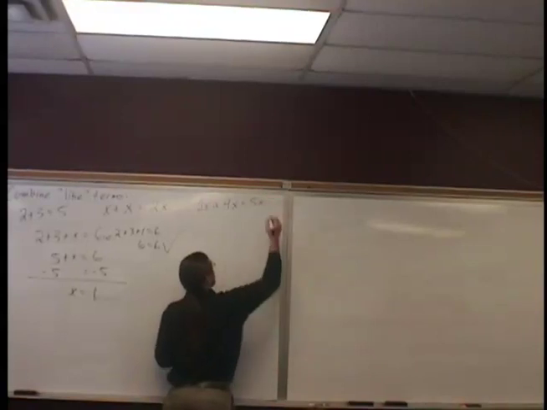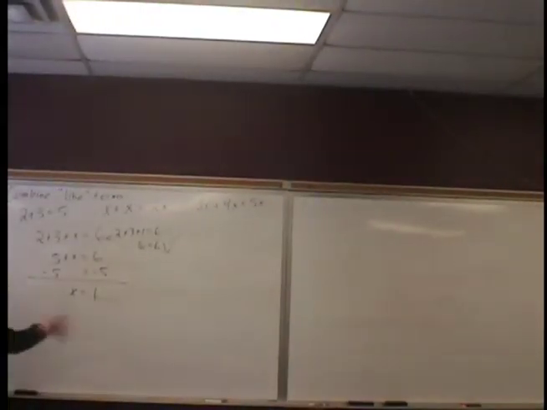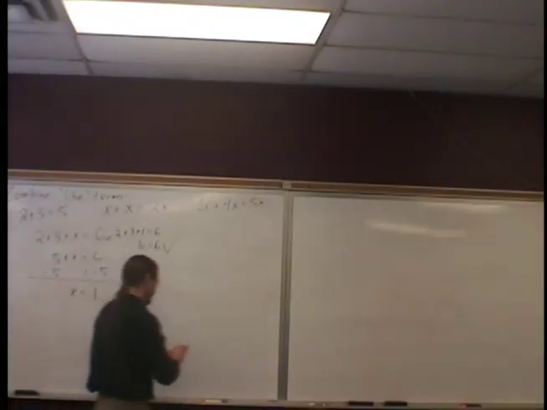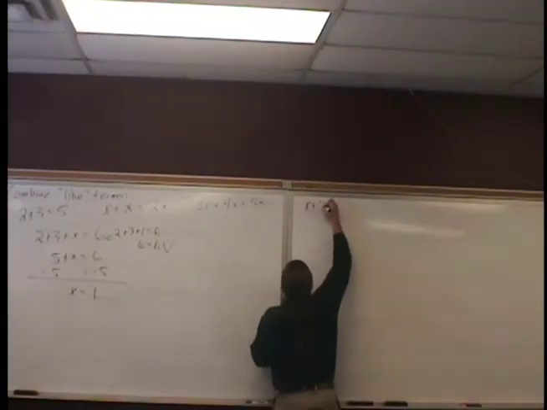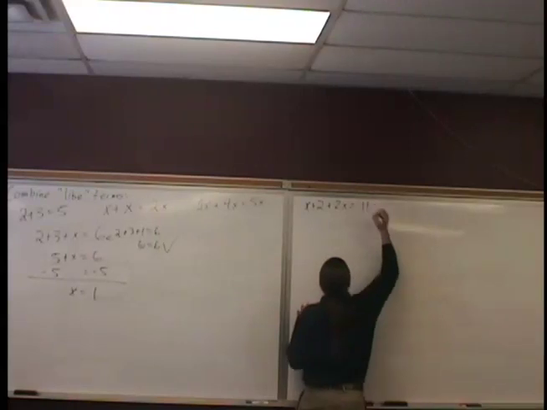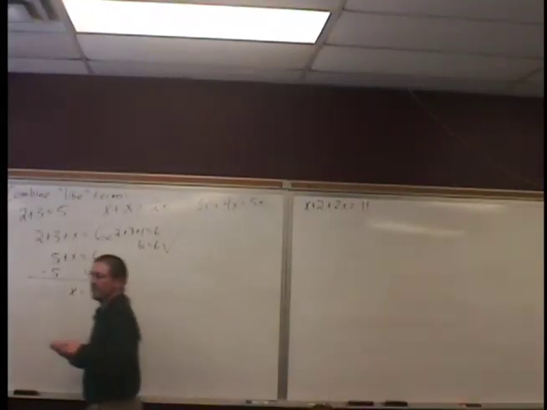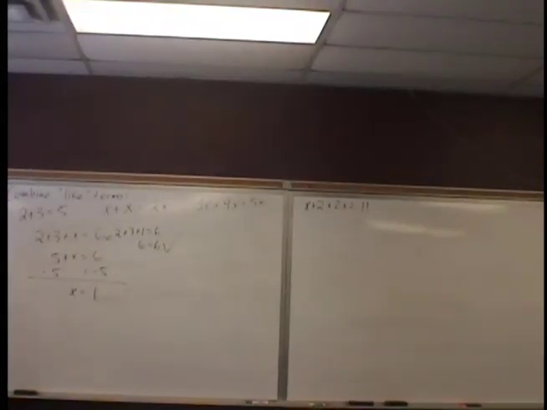Okay? And again, when you are doing your algebraic solving, combine any x's that you need to. Okay? So if I give you x plus 2 plus 2x equals 11, and I ask you to solve for x, now we're starting to get to spots where doing it in your head is getting a little tougher, okay?